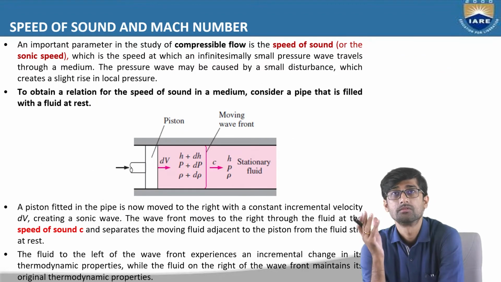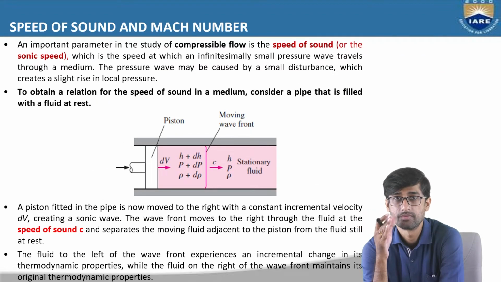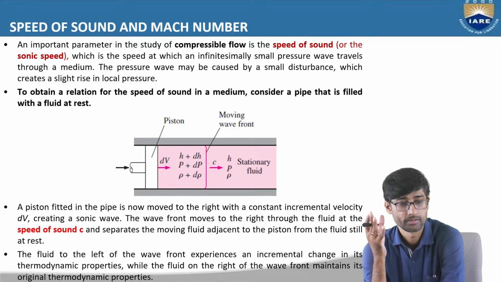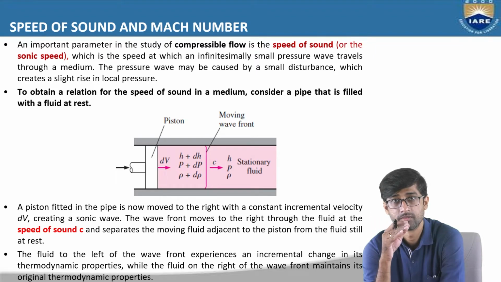What is the speed of sound? When the steam is flowing through the nozzle, definitely there will be a disturbance, right? Due to the disturbance, there will be a speed.